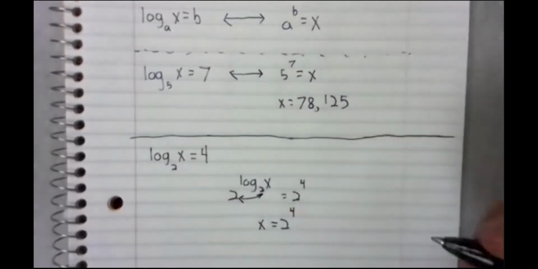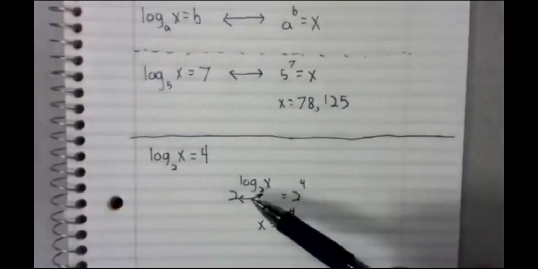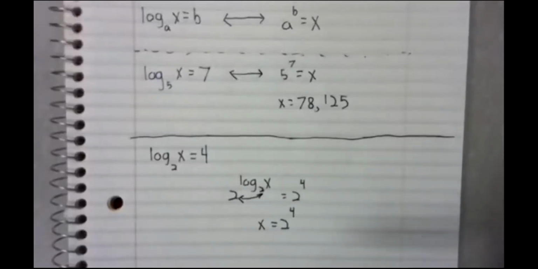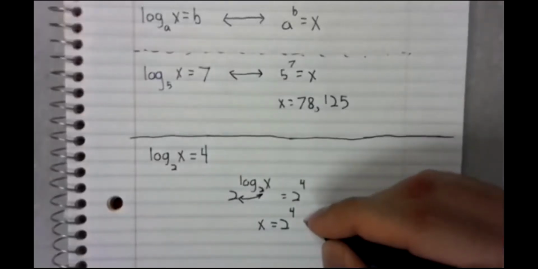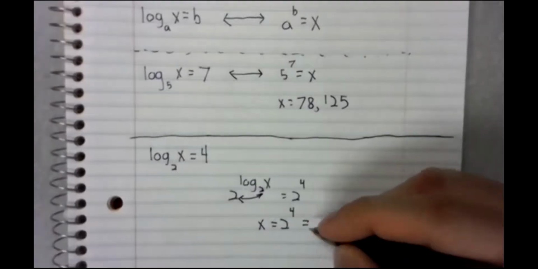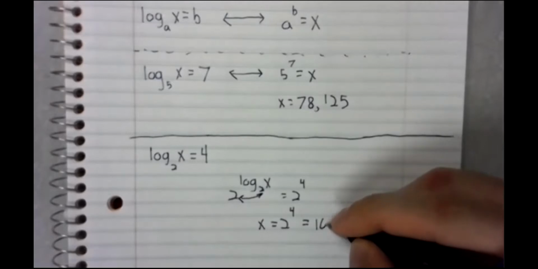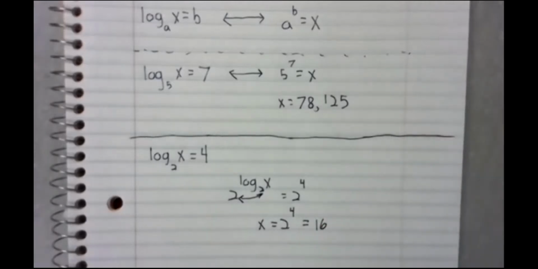And that causes the left-hand side to cancel. x equals 2 to the 4th, 2, 4, 8, 16.